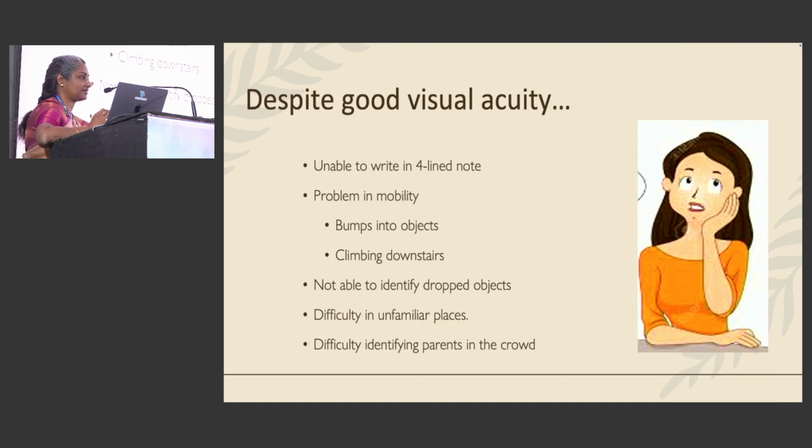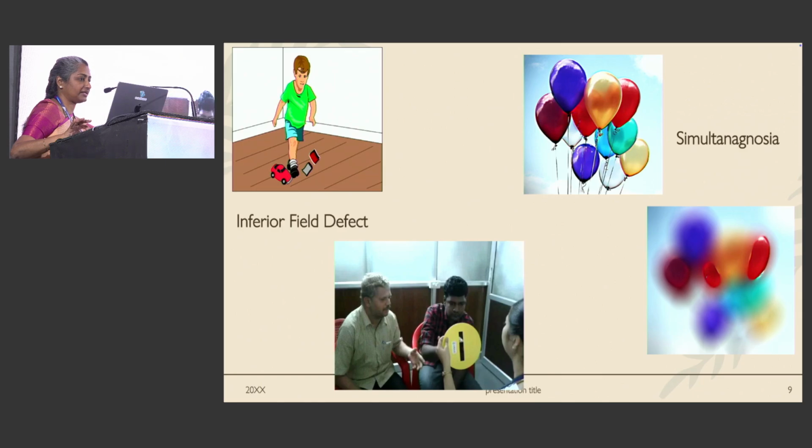Both, you know that CVI causes dorsal stream and ventral stream abnormalities, and any of those issues can cause difficulty in finding the route and also finding the classroom. And the inability to identify the parents in a crowd may be because of crowding and simultagnosia and other features. So there are so many problems which are possible even in a child with a good visual acuity.